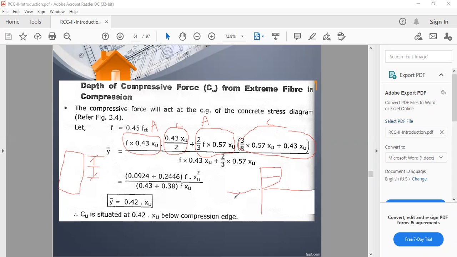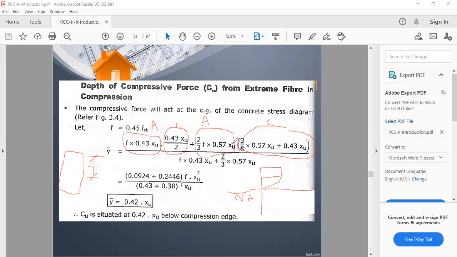So this is the neutral axis here, and this is nothing but the stress distribution we have seen yesterday. For this diagram, for the parabolic part, what is the area? Area is 2/3 into its width multiplied by the distance, that is 0.57 XU.